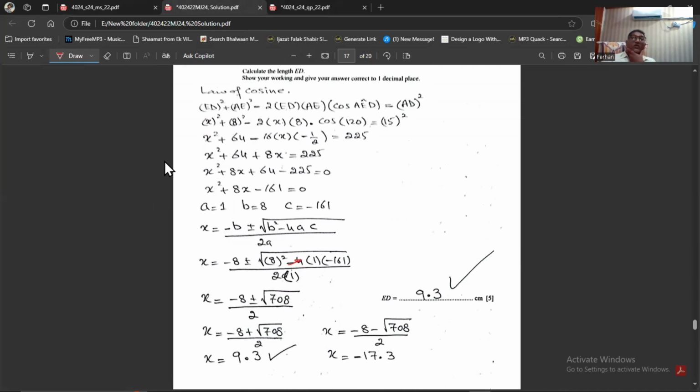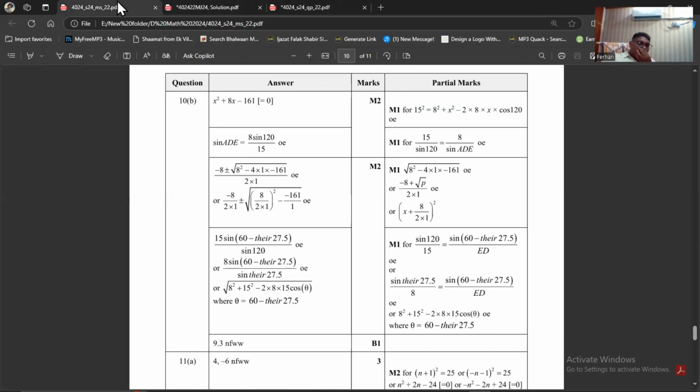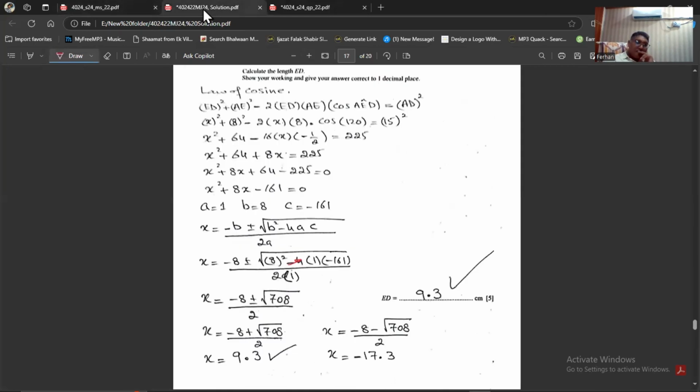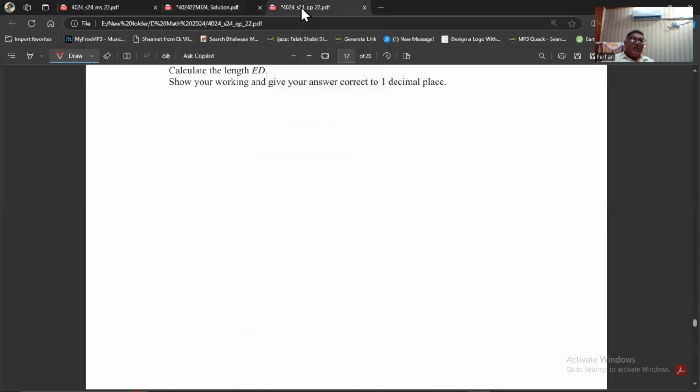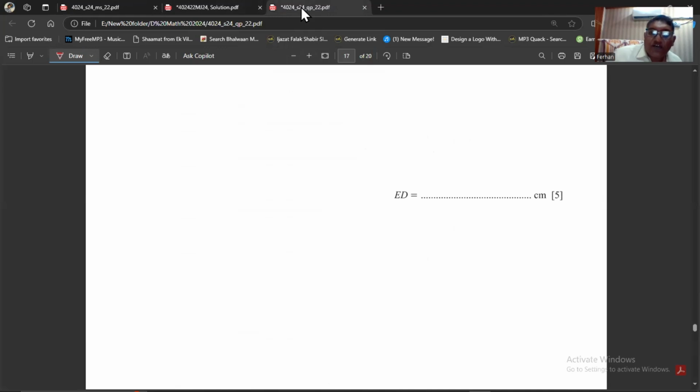Okay, so this is how I did it. And this is the diagram. AE is 8, AD is 15, ED I suppose is x. I use this angle. Opposite to this is 15. Hopefully you understand. Okay, so we are going to the next question.